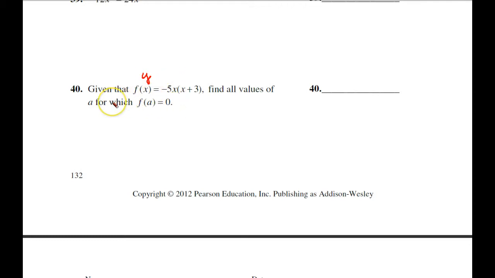So this is just the function way of showing that negative 5x times x plus 3 equals 0. This is just another way of, say, finding the zeros.